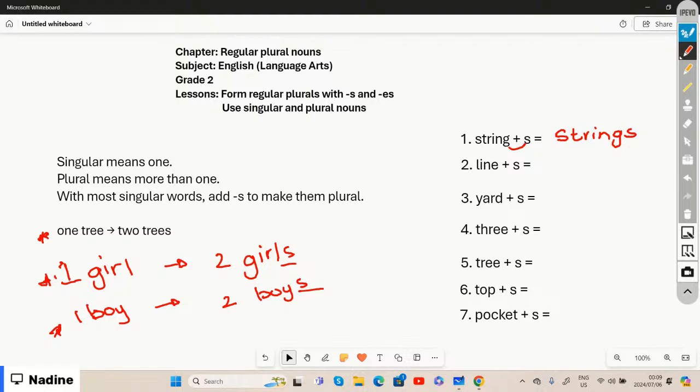Line plus s. What is the plural of line? Line plus s.